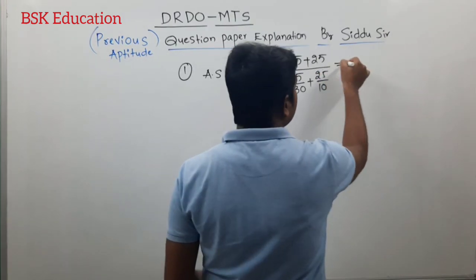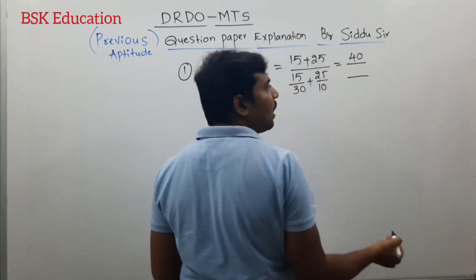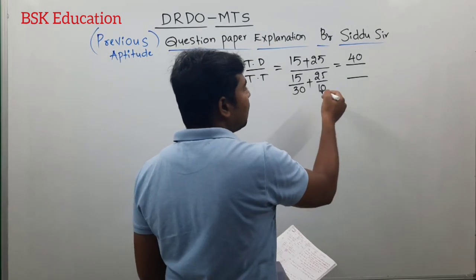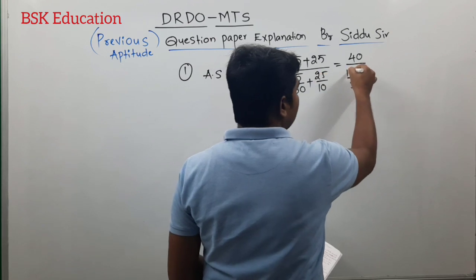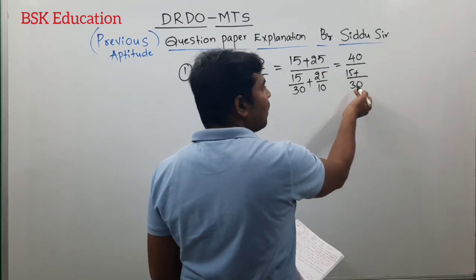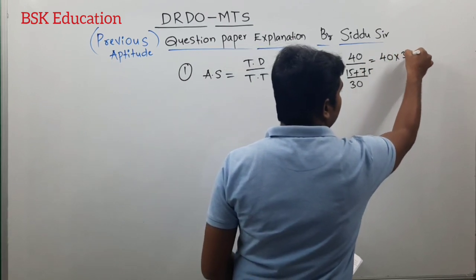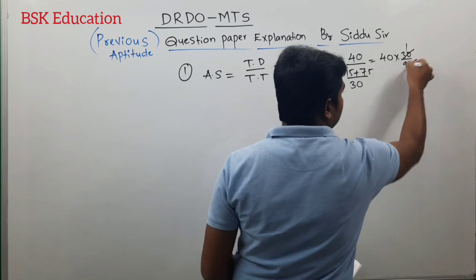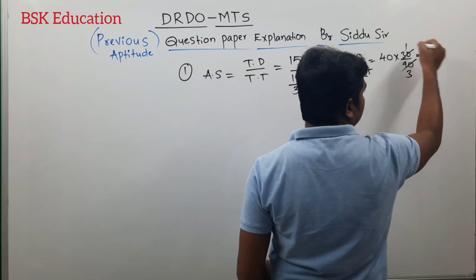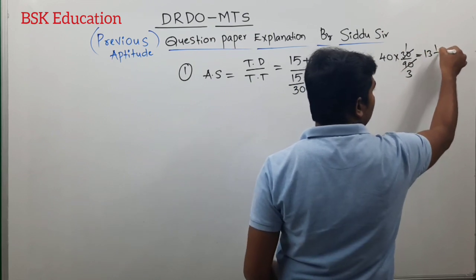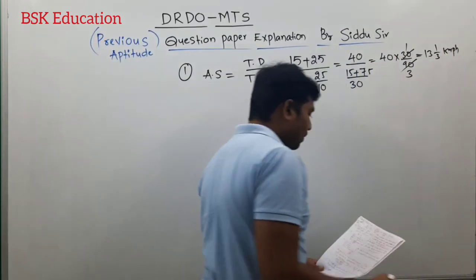By calculating, 15 plus 25 is 40. 40 divided by the LCM of 30 and 10, which is 30. So 15 plus 25, 10 into 3 is 30, 3 into 25 is 75, so 40 into 30 divided by 90. 3 ones are 3, so 40 divided by 3, which is 13 1 by 3 kilometers per hour.